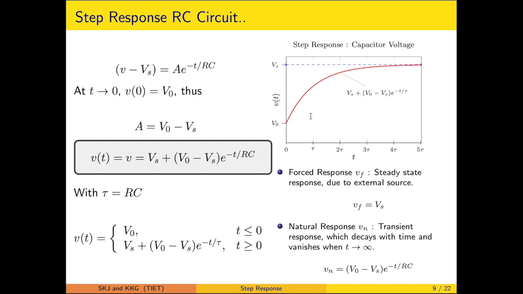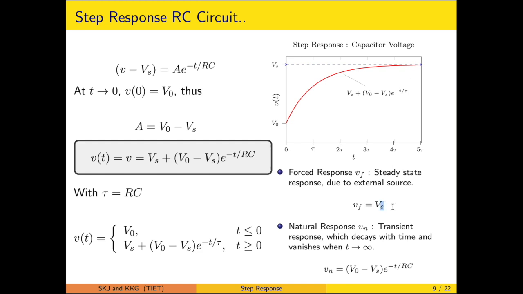On this graph, we see that starting from the initial voltage there is an exponential rise of the voltage, ultimately attaining the steady state level Vs. This response is represented as two components: the natural response component and the transient or forced response component. The forced response component is the steady state value, approaching Vs.